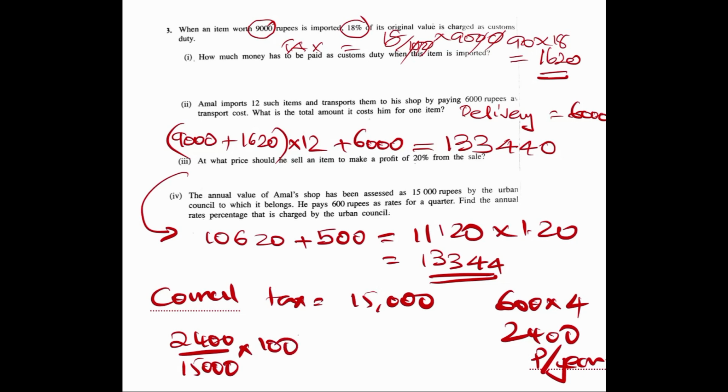The zeros cancel, so that is 240 divided by 15, which is equal to 16%. That's the answer for the final part.